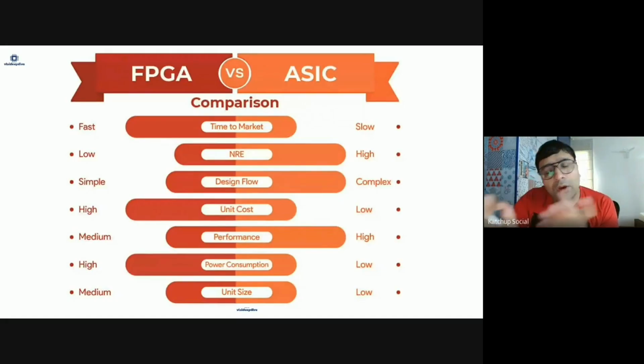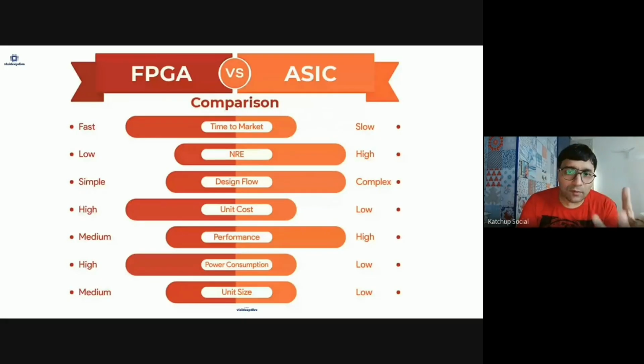Sometimes, when you are doing an initial product, you may not want to give it to the foundry, because you first want to make sure it works fine. Developing a chip and getting it fabricated in the foundry is a very expensive process. So that makes sense when you're going to make a large number of chips. For example, Apple knows it's going to sell so many chips, so it's okay for Samsung.